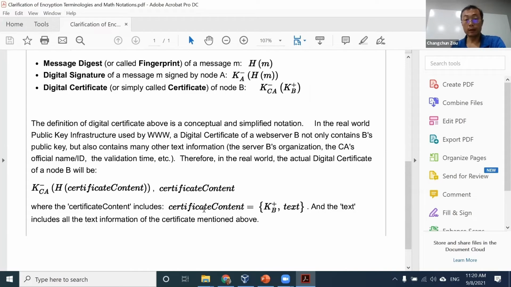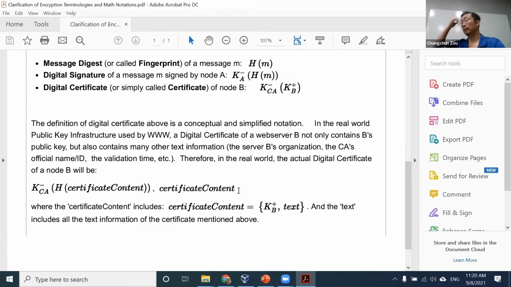First, the certificate content is a lot of text information plus this node B, the web server's public key. And then the encryption by the CA minus is not on the whole thing. Remember, this whole thing could be very long. So in public key encryption, we always try to encrypt just the hash value, not the entire content. So the actual encryption by the CA minus is on the hash value of the entire certificate content.